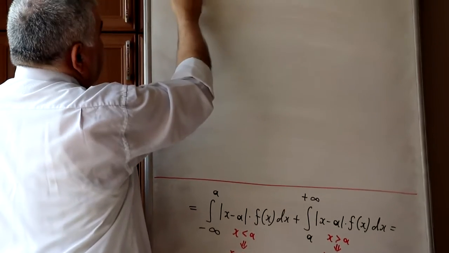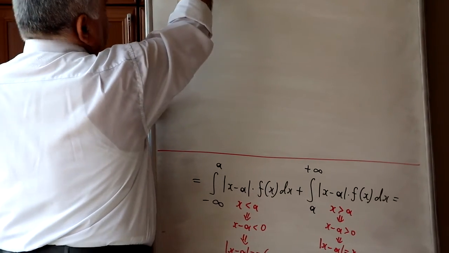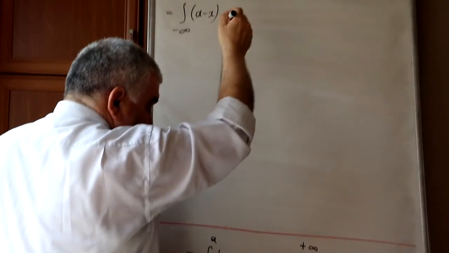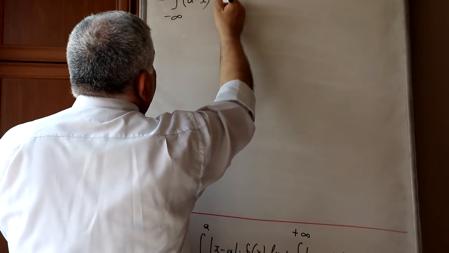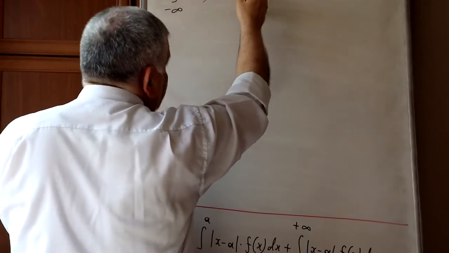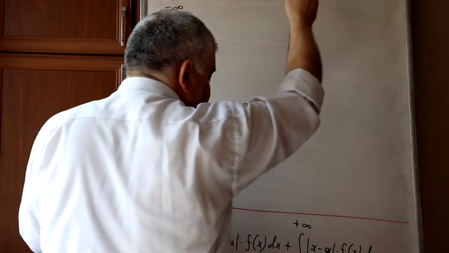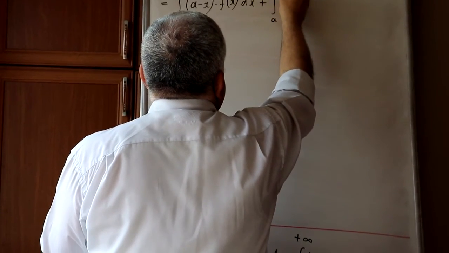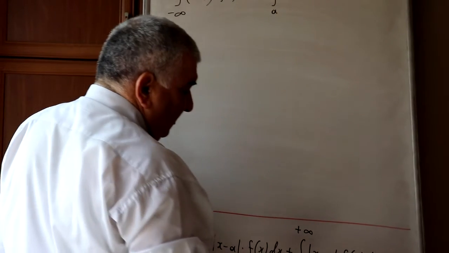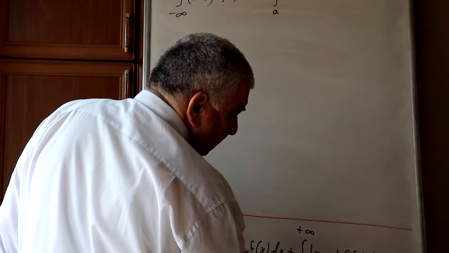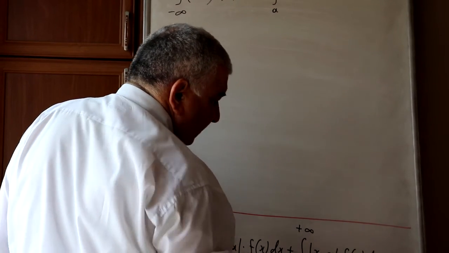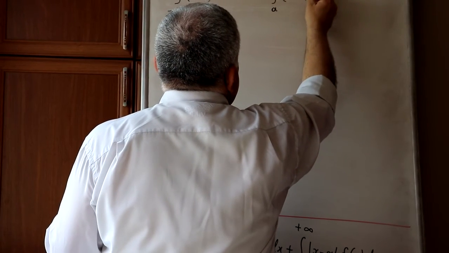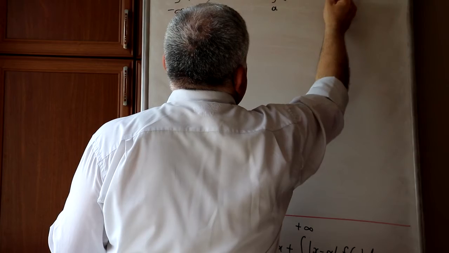Integral from minus infinity to a of a minus x multiplied by f of x dx, plus the integral from a to plus infinity. In the second integral, we can write x minus a instead of modulus of x minus a. x minus a multiplied by f of x dx.